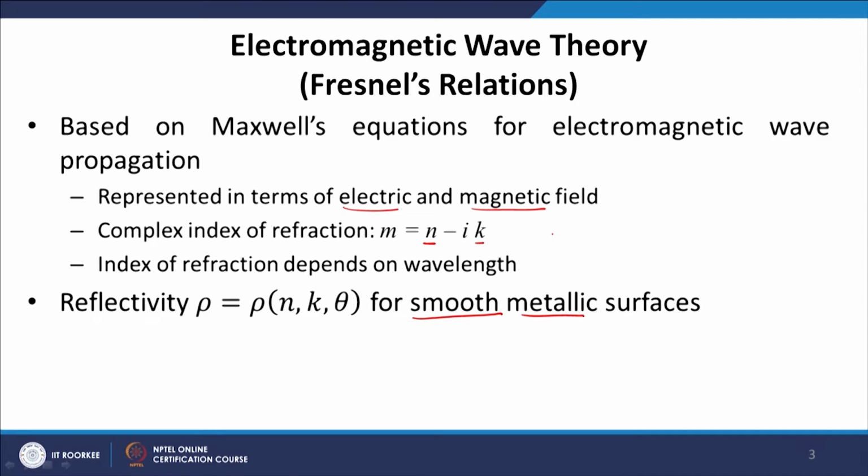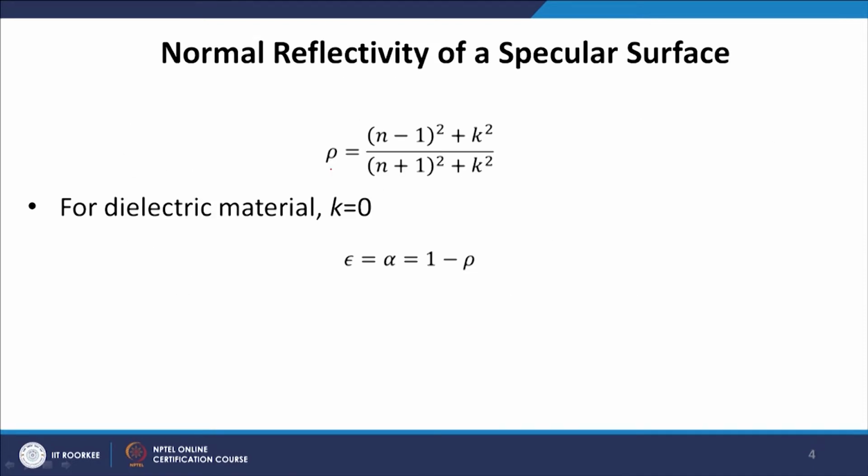Maxwell's electromagnetic wave theory gives us an expression of reflectance rho in terms of the complex index of refraction. The two parameters are n, the real part, and k, the imaginary part.